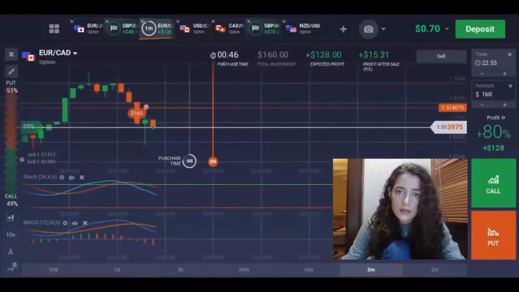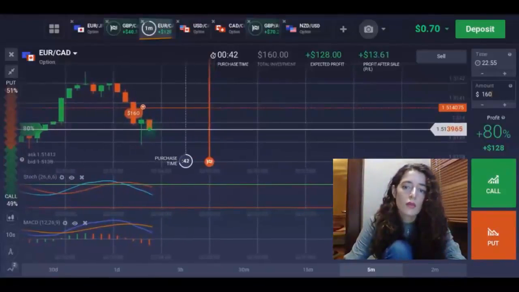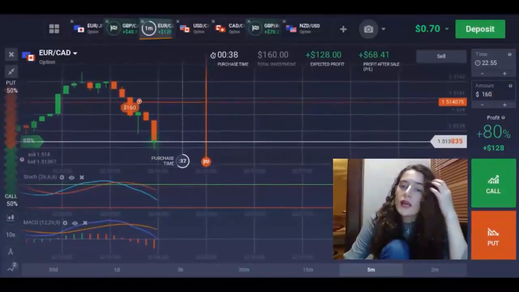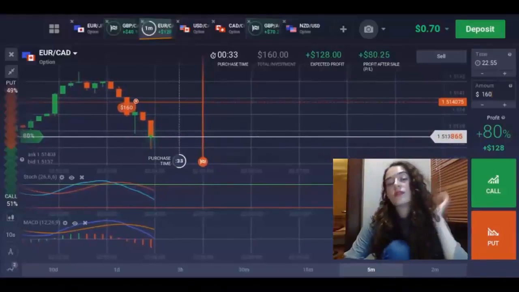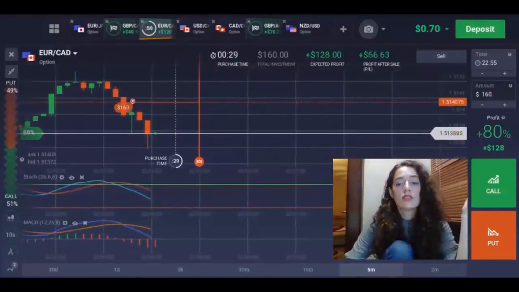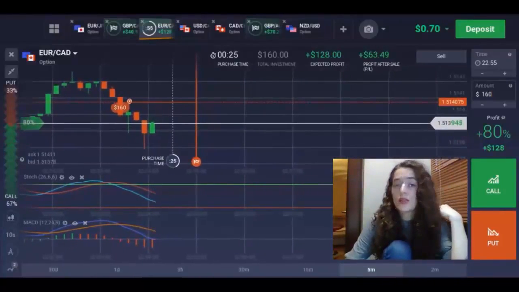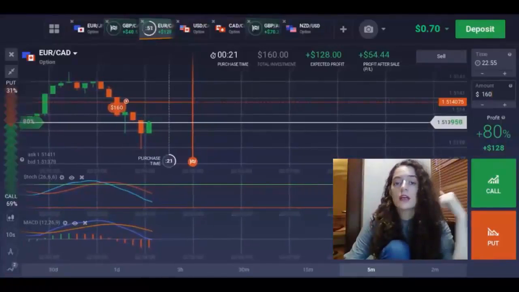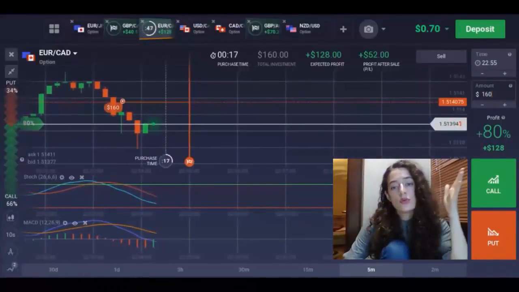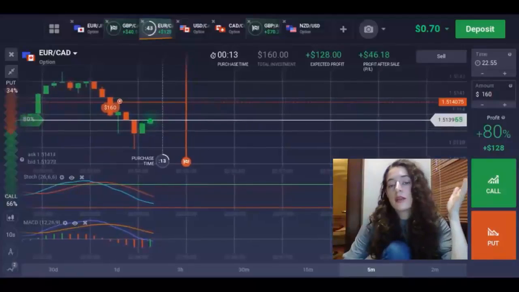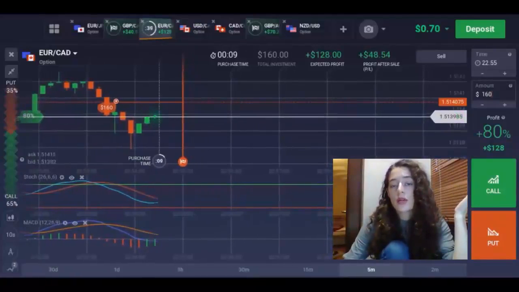So this money management, the way I trade now, is really a little bit risky. If you do not have much money in the pocket, I do not suggest you to trade like this. You can just divide into maybe some parts. It depends how much you have on your account.